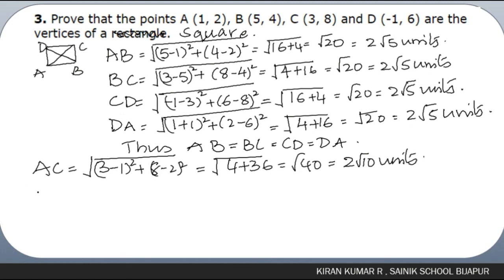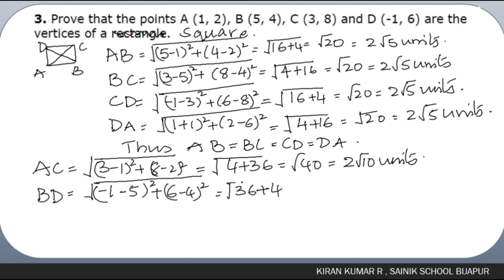What about the other diagonal, BD? BD will be root of minus 1 minus 5 whole square plus 6 minus 4 whole square. This will be root of 36 plus 4. We got root 40, which is 2 root 10 units.